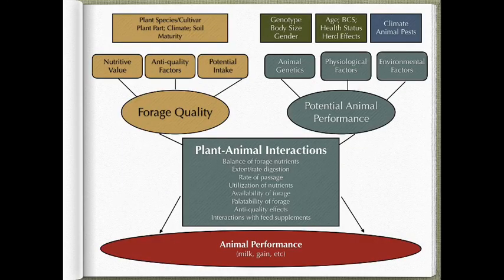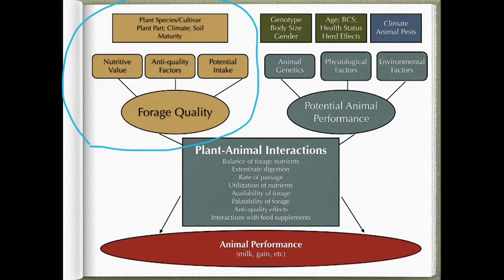All right, and this is where I start to kind of geek out on the forages, because there are so many things that can come into play. And so when we talk about the first side of this graphic, and this is one of the images in your textbook, so you have this available to you, is the forage side of things. We have so many things that can affect forage quality. And it includes plant species, the cultivars, the varieties, the plant parts in terms of the morphology of that plant and the structure of that plant.